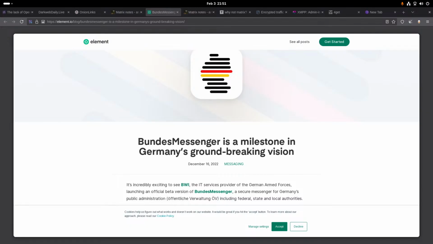FOSS streaming software, which is pretty based. I'm going to test it out this Friday.